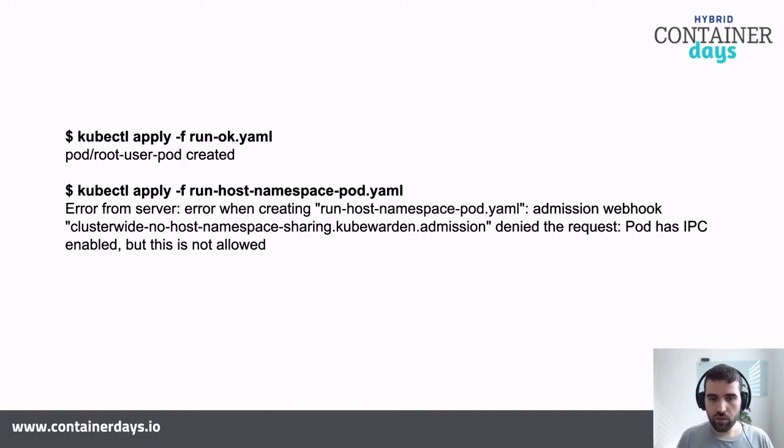But if you try to deploy something which breaks some policy, you get an error. As an example, in the second kubectl apply, you can see that your pod has been rejected because it's trying to share the host IPC namespace, which is not allowed by the policy running in this cluster.